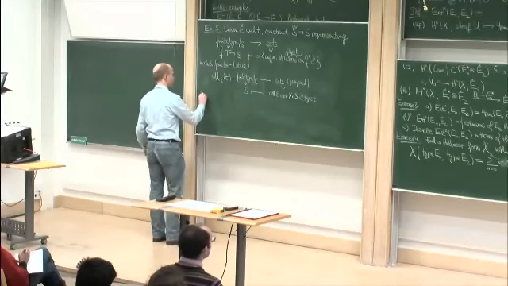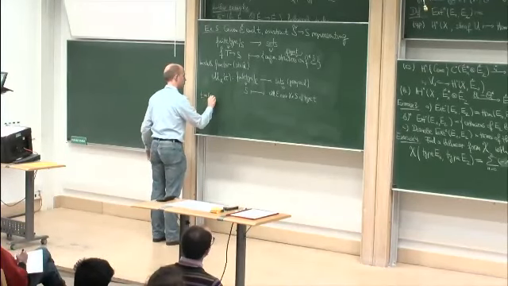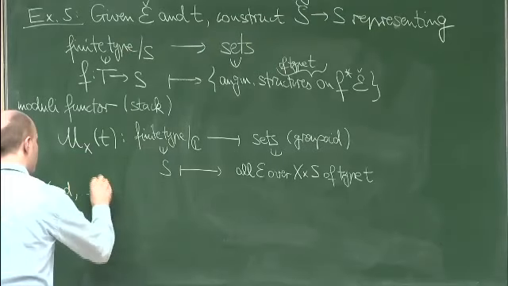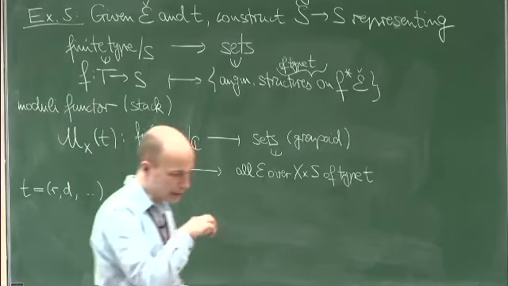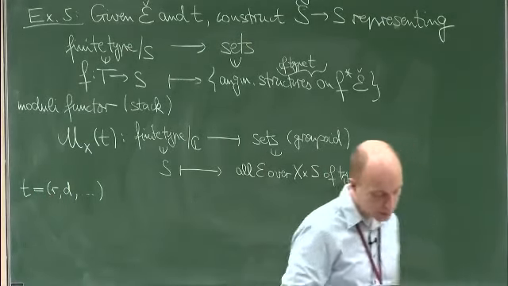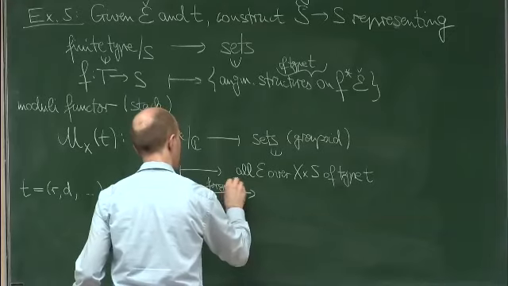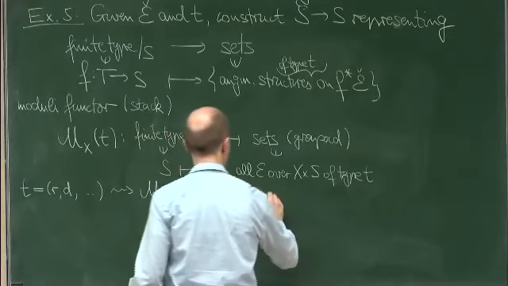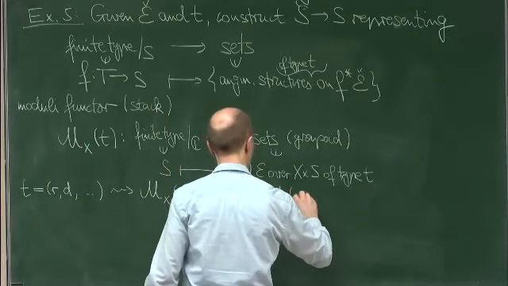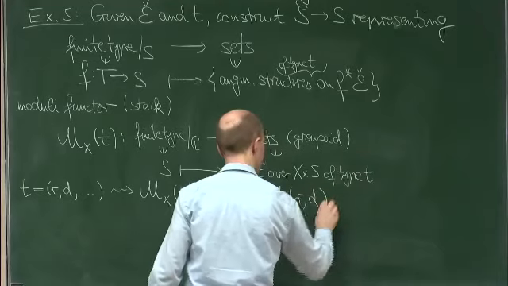So the type starts with the rank and the degree in each case. So we have a morphism of moduli functors or moduli stacks, which just forgets the augmentation and gets down to moduli of vector bundles.